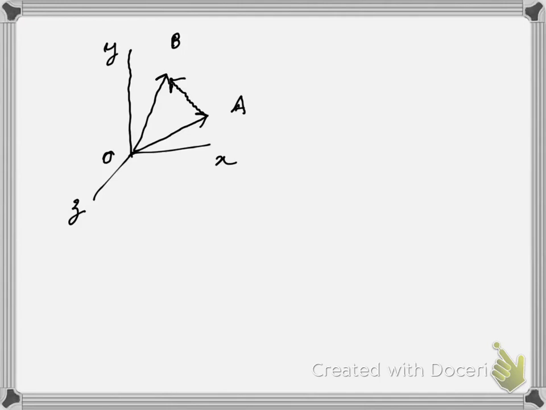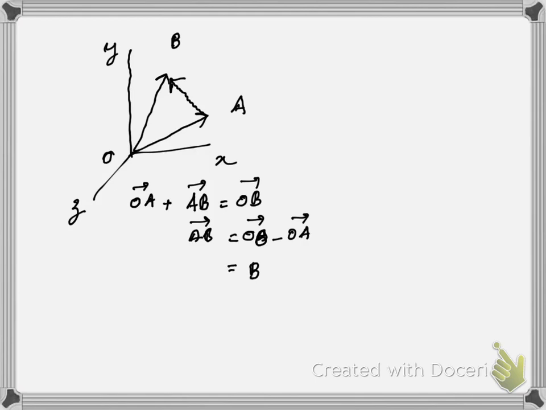According to head to tail rule, vector OA plus vector AB is equal to vector OB. So AB vector is equal to OB minus OA. OB means B, OA means A. Because O is origin, its components are 0, 0 and 0.